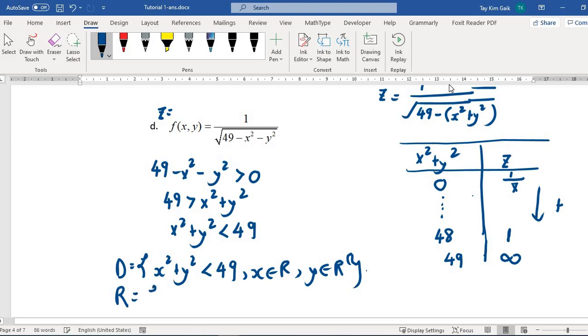That's why the range is actually z greater than or equal to 1 over 7, such that z is a member of the real numbers. It increases, and when it is exactly 49, 1 divided by 0, you get positive infinity. That's why 1 over 7 is the minimum value until positive infinity. That's why you can write z greater than or equal to 1 over 7. This is 2d.